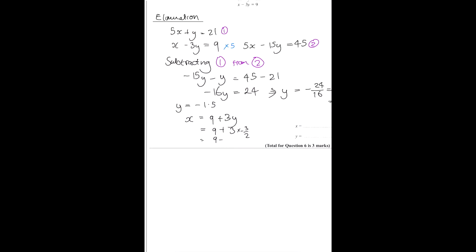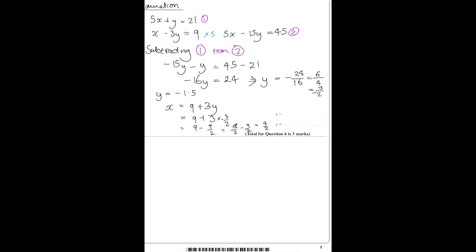You get 9 minus 9 over 2, which is 18 over 2 minus 9 over 2, which is just 9 over 2, which is 4.5. So we've got x is 9 over 2 slash 4.5, and y is minus 3 over 2 slash minus 1.5.